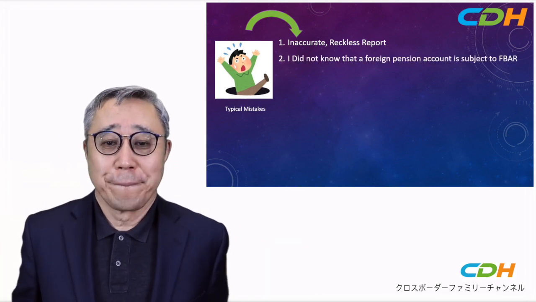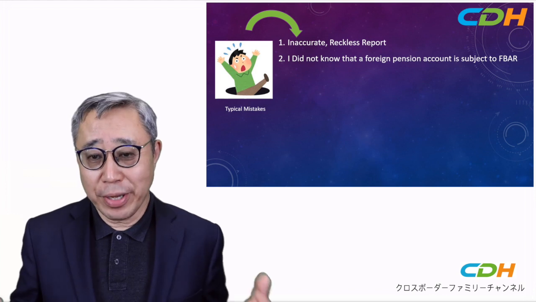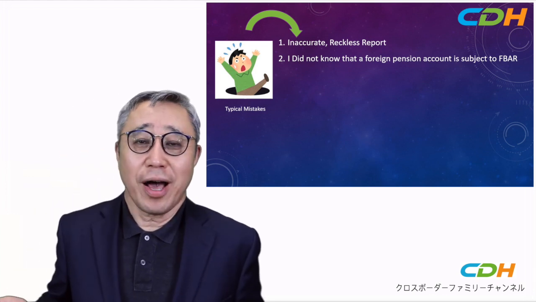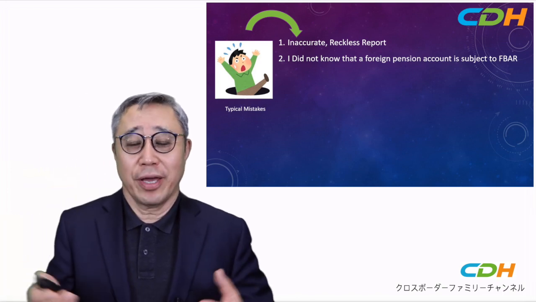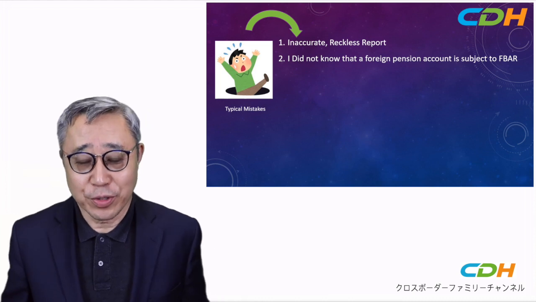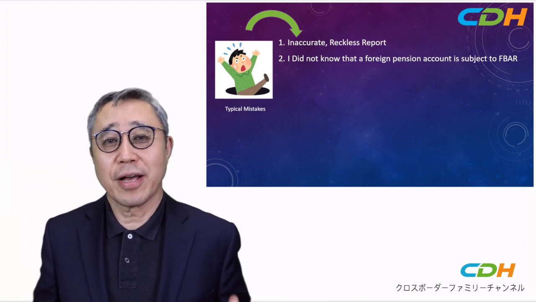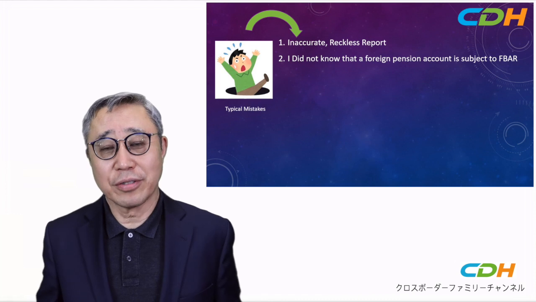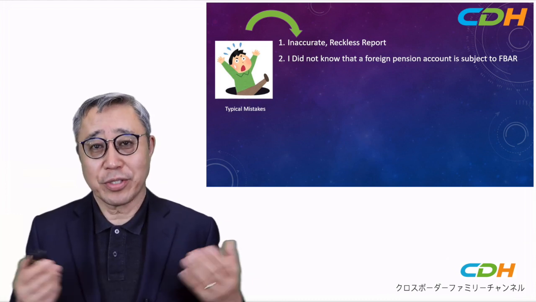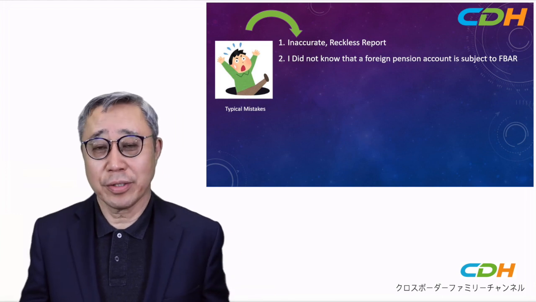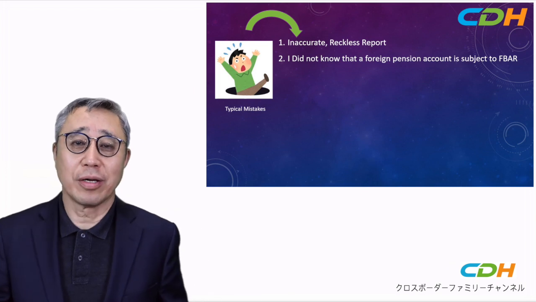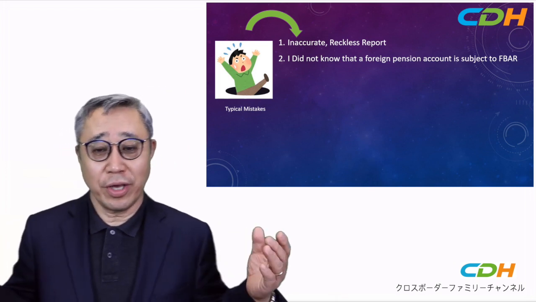I did not know that my foreign pension account is subject to FBAR. Yeah, I used to work in, let's say, France for 15 years, and I earned the right to receive my pension based on the number of years I worked in the company in France, or a company in Taiwan, or Singapore, India.